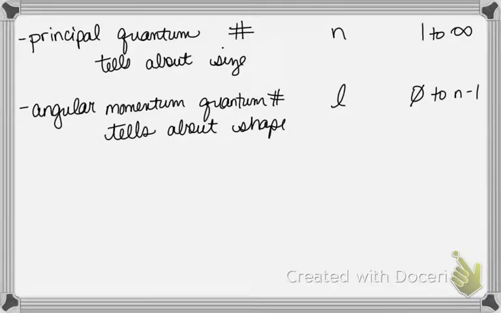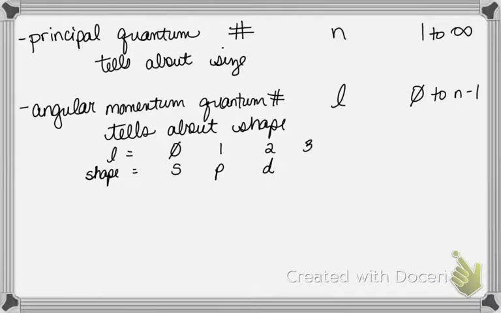And so for the shapes, we have letters that we use to designate them. If L is equal to 0, then the shape of the orbital is called an s orbital. If L is equal to 1, it's called a p orbital shape. If L is equal to 2, it's called a d orbital shape.